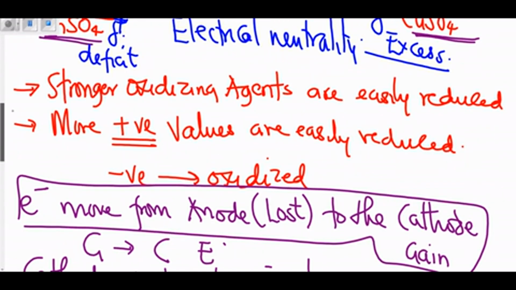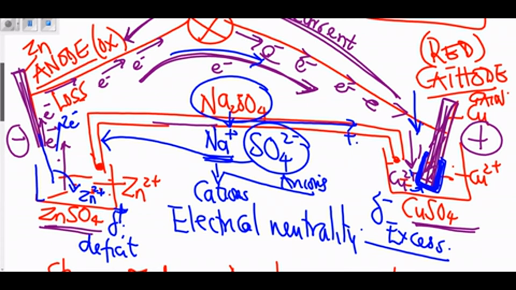So we need to understand there are so many things going on at the same time. This diagram is becoming very lovely. If you didn't follow through from the beginning, you might get confused about what this diagram is all about. But let me explain what's going on. We said electrons are lost here. They move towards that side. Conventional current comes from this side and back to that side.